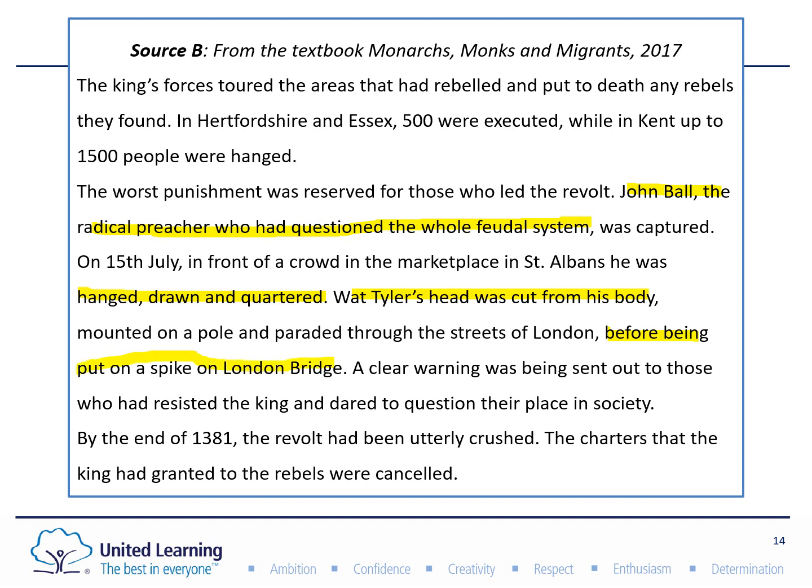A clear warning was being sent out to those who had resisted the king and dared question their place in society, who had dared challenge the feudal system like John Ball had. By the end of 1381, the revolt had been utterly crushed. The charters that the king had granted to the rebels were cancelled.